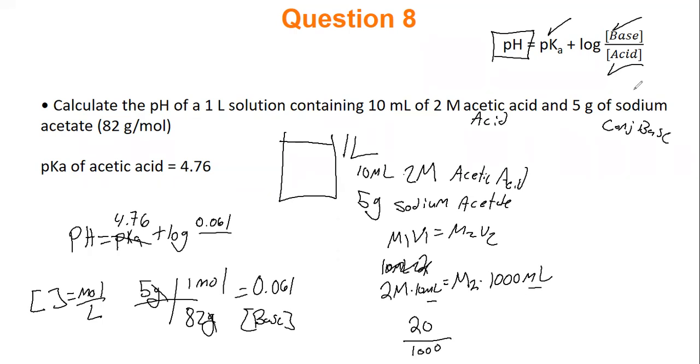And so my molarity of my acid is 0.02. And now it's just solving that equation. And we see the pH of this equation then is 5.24.